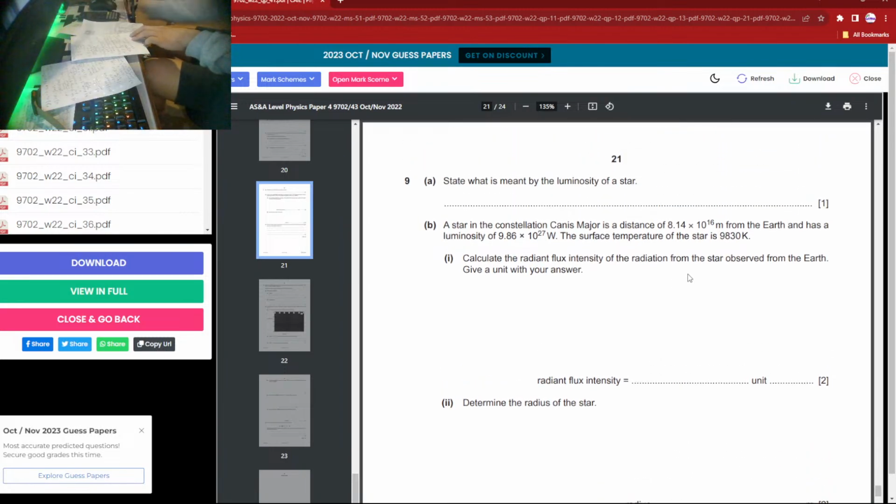So you're trying to find the radius, so your r squared, T^4, surface temperature, 9830.